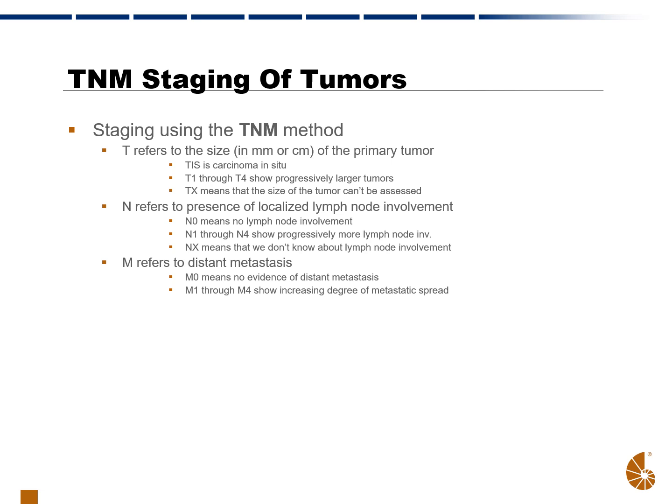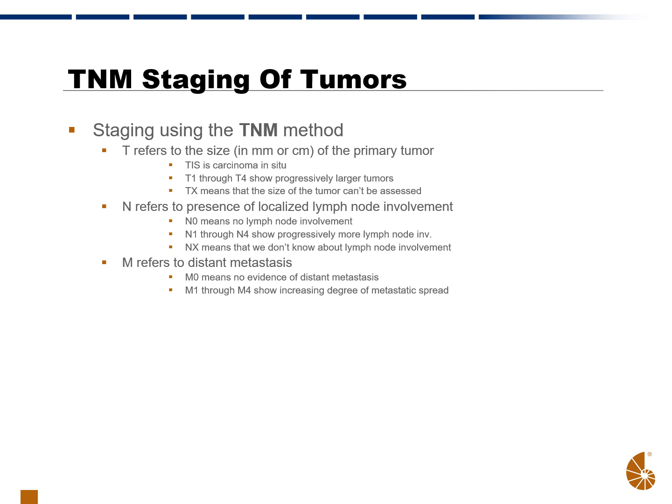So using the TNM staging of tumors, the T refers to the size of the primary tumor. TIS is carcinoma in situ, and then T1 through T4 shows progressively larger tumors. N refers to the presence of localized lymph node involvement.